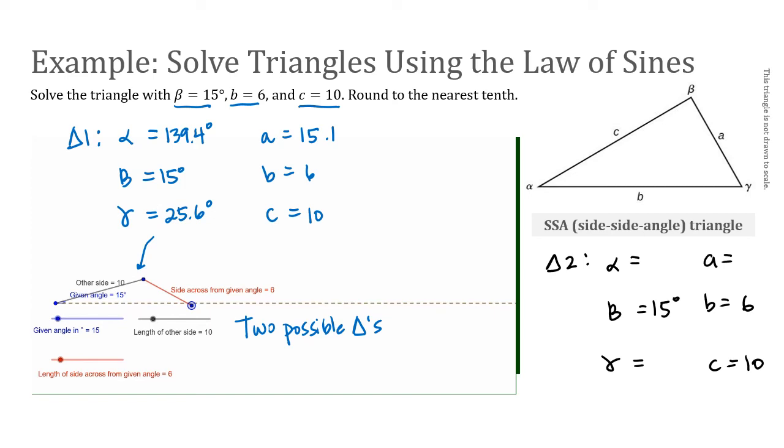Now, when we did it this way, our alpha sub 2 was 10.6 degrees. And the side across from it we determined was 4.24. When alpha was 10.6 degrees, then gamma sub 2 was 154.4 degrees. So two possible triangles in this situation.